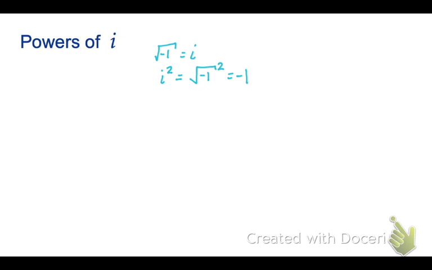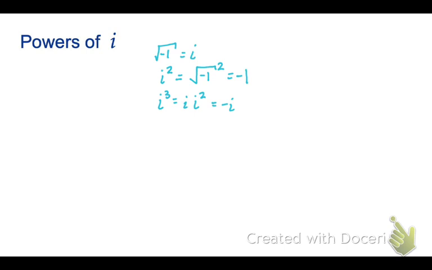We don't really need to remember these because we can figure them out. Yes. Should you know that i is the square root of negative 1? Should you know that i squared is negative 1? Yes, probably. So i cubed is i times i squared. Well, i squared is negative 1, and i is just i.